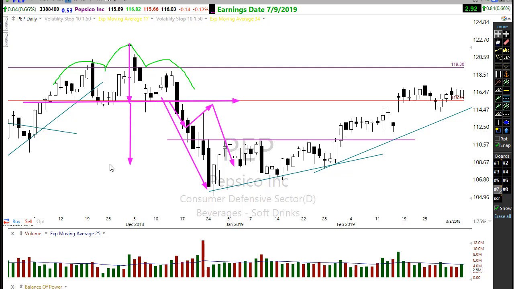But you can measure that out and look for those places where you could be taking profits on that trade or watching for that bounce to come back into play. Okay, makes sense? Yeah, it really is important.